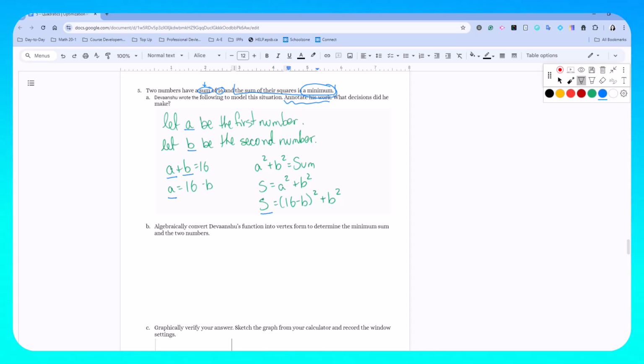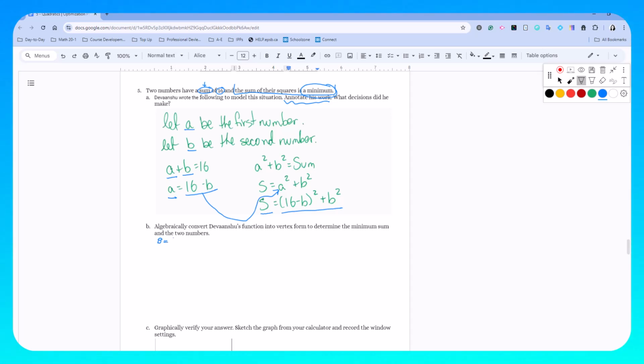And he substituted this A here into that A right there to come up with this expression. The question now says algebraically convert Da Vinci's function into vertex form and determine the minimum sum and the two numbers.